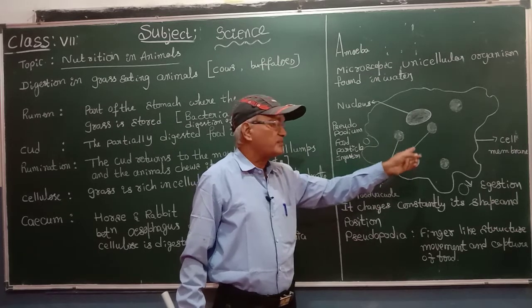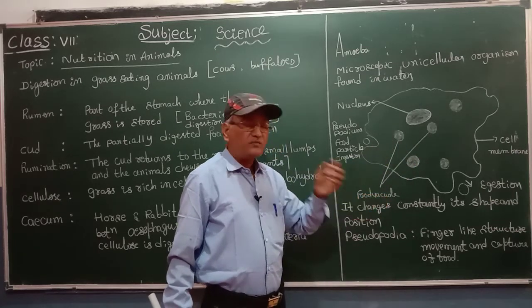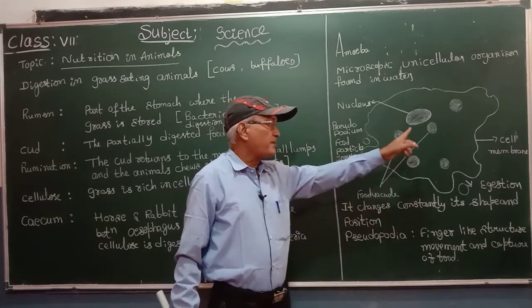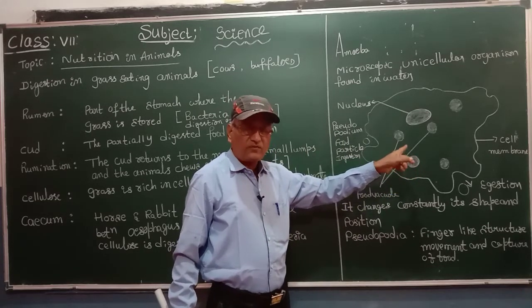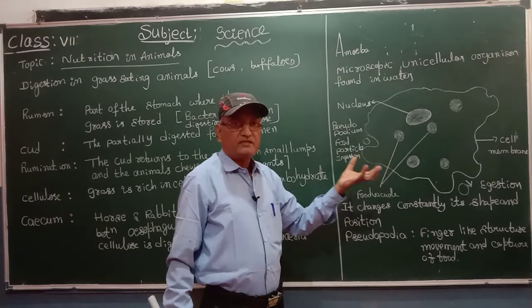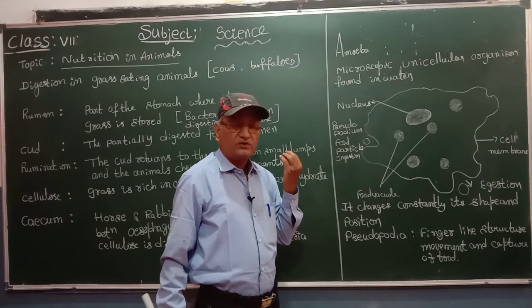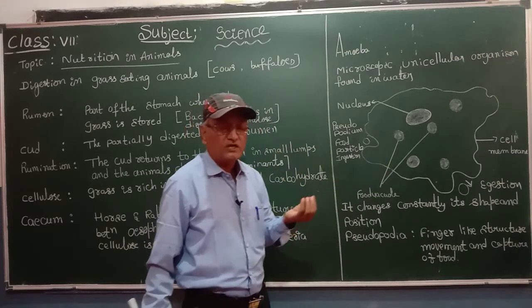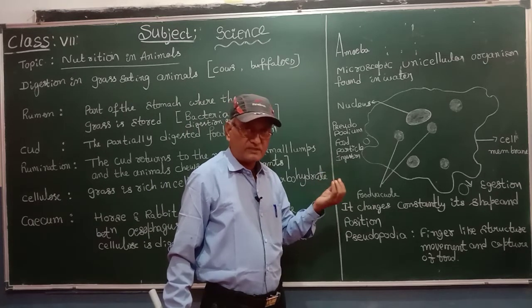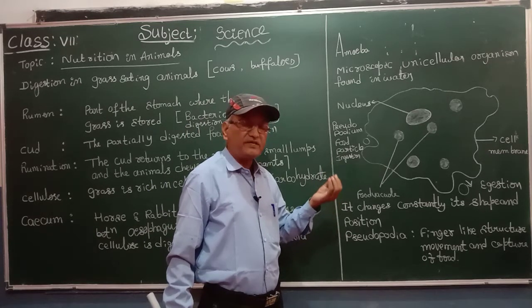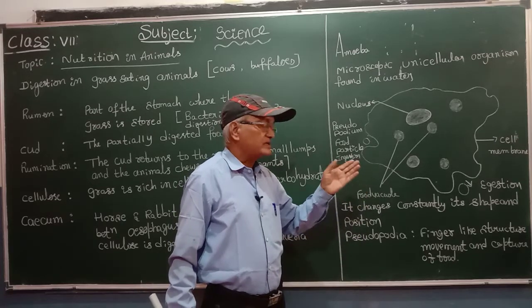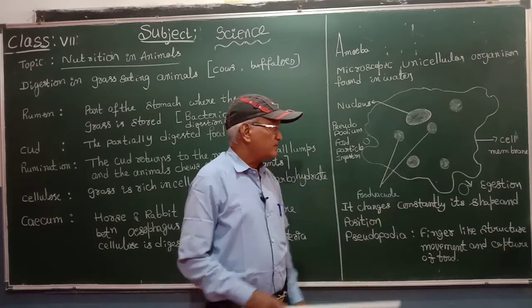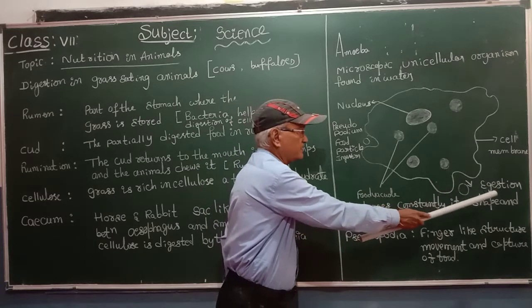Some food vacuoles are present in the amoeba. Digestive juices present in the amoeba digest the food. Afterwards, the energy it gets is required for its growth and maintenance. After the digestion, the waste will be ejected through egestion. We call it egestion, excretion.